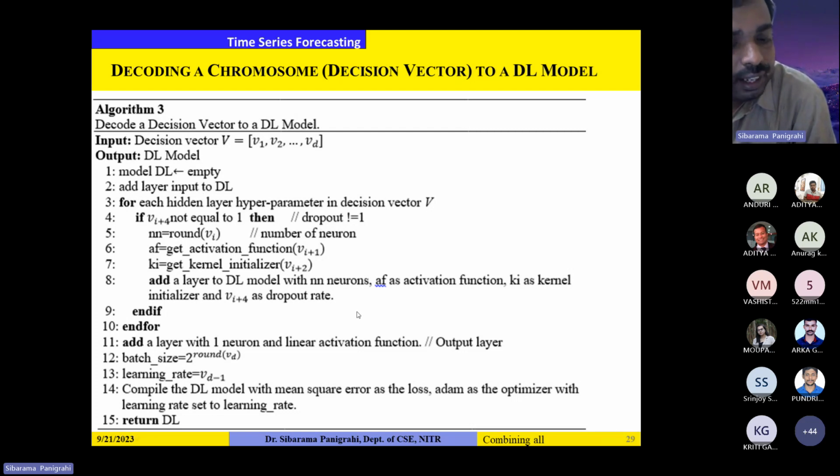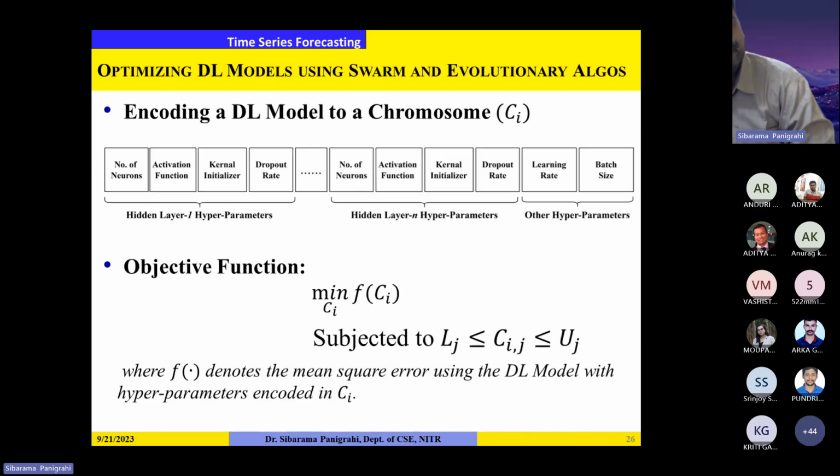Then for each hidden layer there are hyperparameters. We have used 4 hyperparameters for each hidden layer. First I am checking the 4th hyperparameter. What is the 4th hyperparameter? The 4th hyperparameter is dropout rate. What does dropout rate say? Dropout rate says what percentage of neurons I am going to drop out of one training epoch.